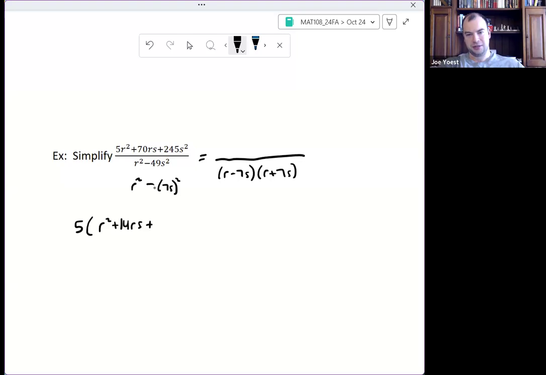So I think this is 49, geez. 20, and then 20, and then 9. And I see this has the potential to be a perfect square trinomial.